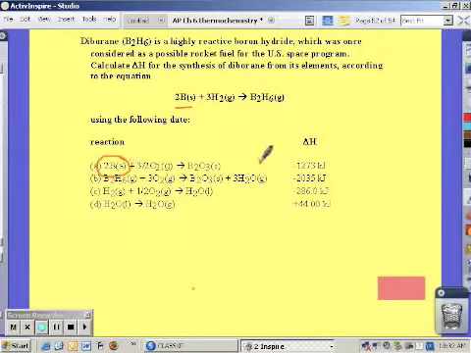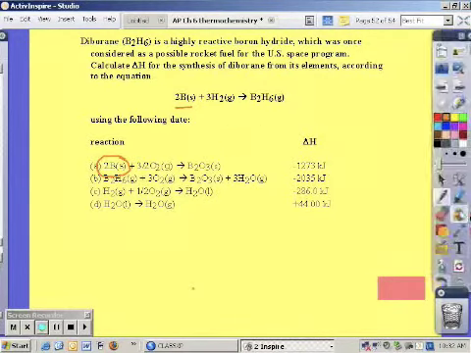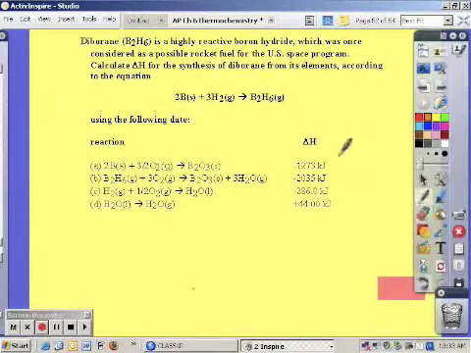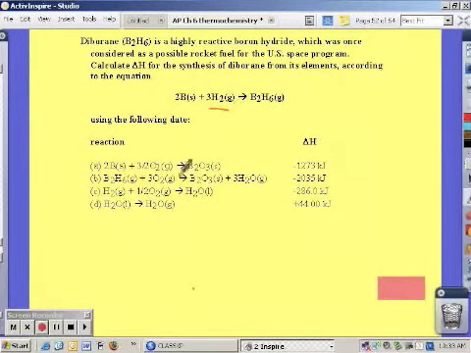Now we look at hydrogen, and notice that hydrogen is only located in this third reaction. We want 3 of them and we want them as a reactant. We have 1 and it's a reactant, so we need to multiply that reaction by 3.